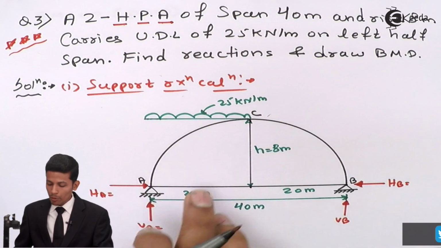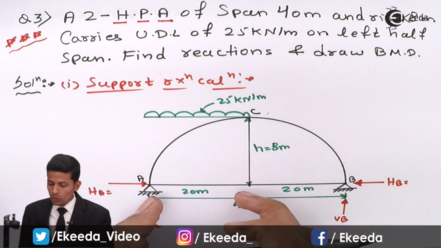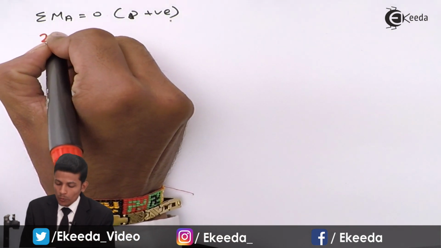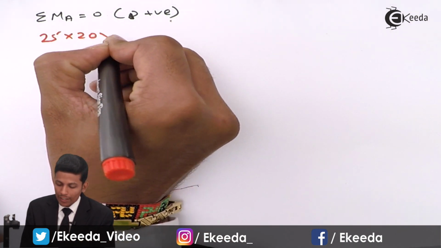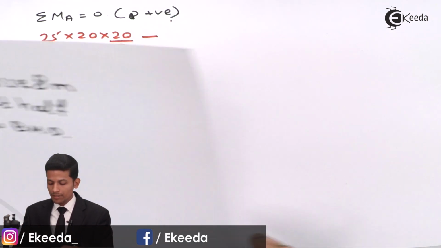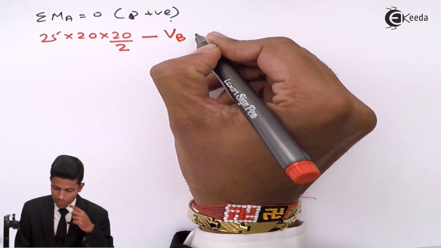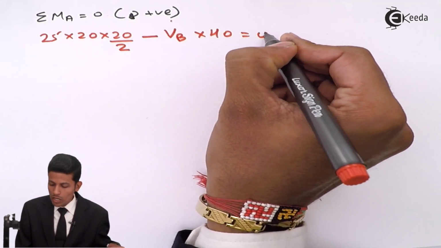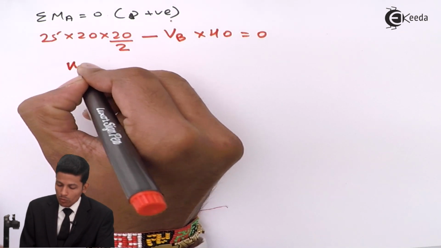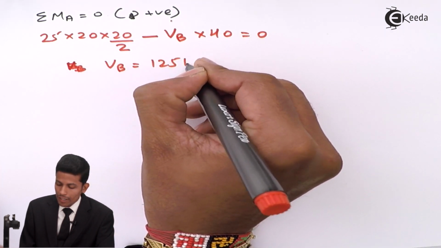See, we are taking moment at A, so this UDL comes into the picture: 25 into 20 into 20 divided by 2, minus VB into 40 is equal to 0. While solving this, you get the value of VB as 125 kilonewton.